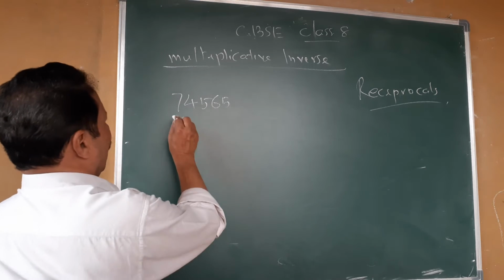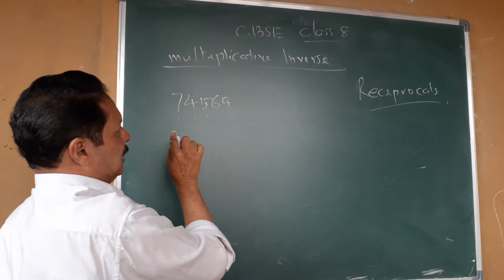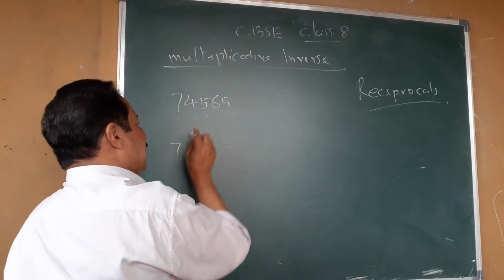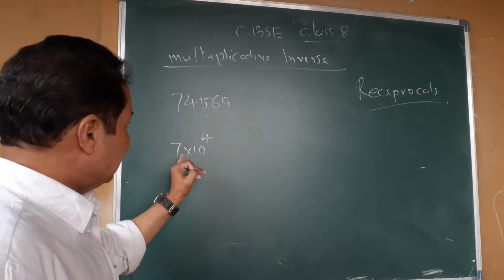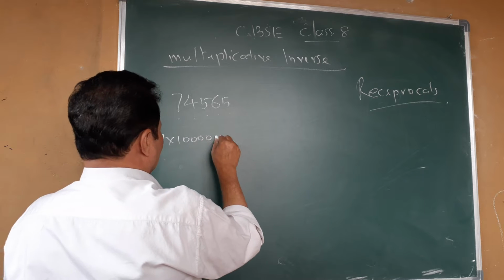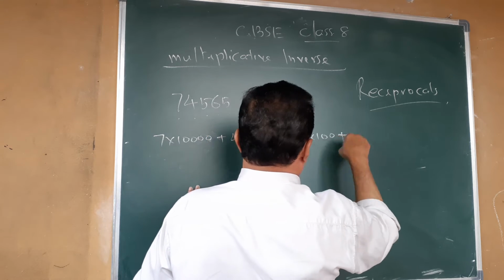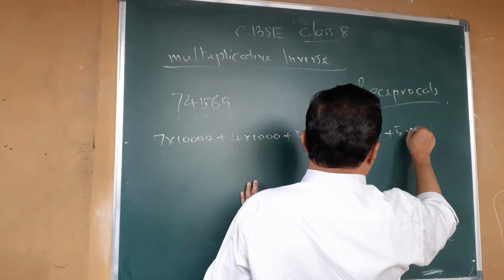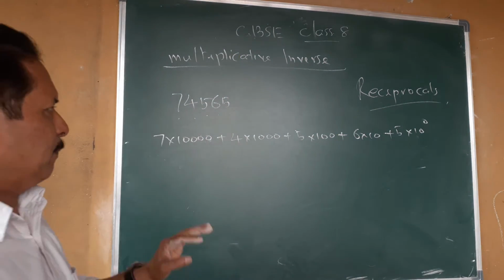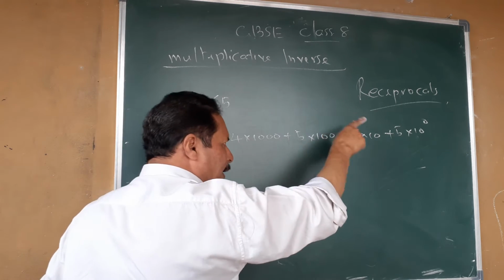Look very carefully here. 1, 2, 3, 4, 5 means the position is actually 74,565. If there are 5 digits, then start with 10 raised to 4, that is 10,000. 7 into 10,000 plus next 4 into 1,000 plus 5 into 100 plus 6 into 10 plus 5 into 10 raised to 0, which means unit place. This is its split. Already you studied. 7 ten-thousands, 4 thousands, 5 hundreds, 6 tens and 5 units.